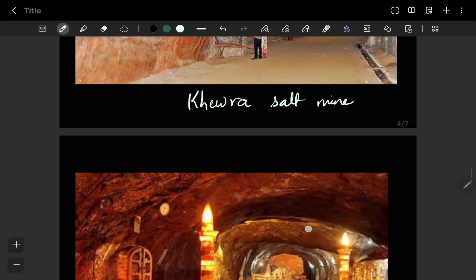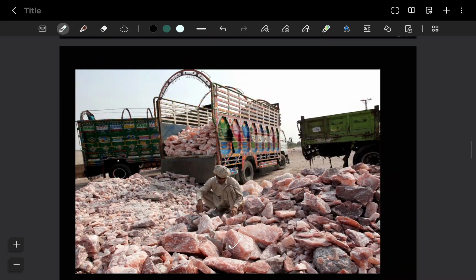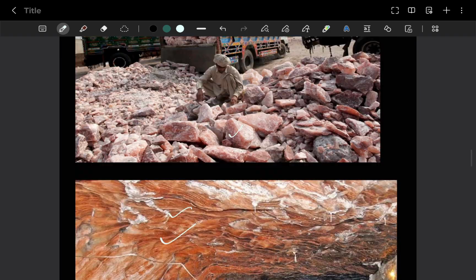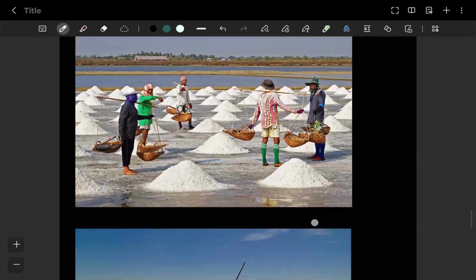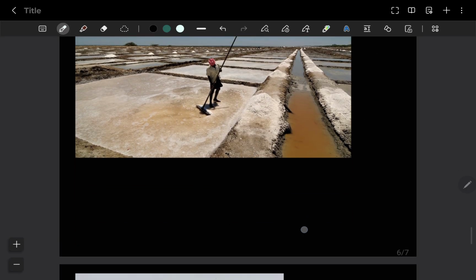Okay, pink salt is pink because of iron oxide. See, different salts are there, and the main composition is sodium chloride. I am talking about different edible salts, and there are different trace elements which give different colors and different properties, right?